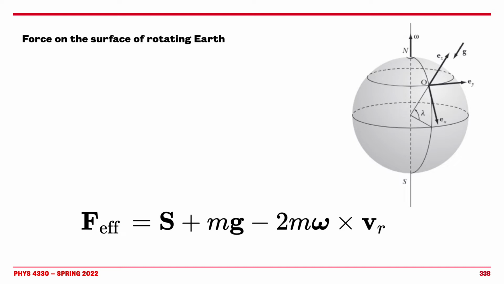We are going to ignore all the other effects like revolution of the Earth around the Sun or any other effect. So really we are going to focus on the effect of the rotation of the Earth around the axis. The axis of rotation is shown on this picture with omega being the angular velocity.